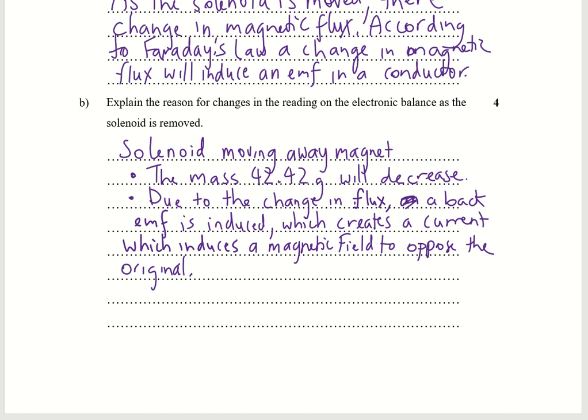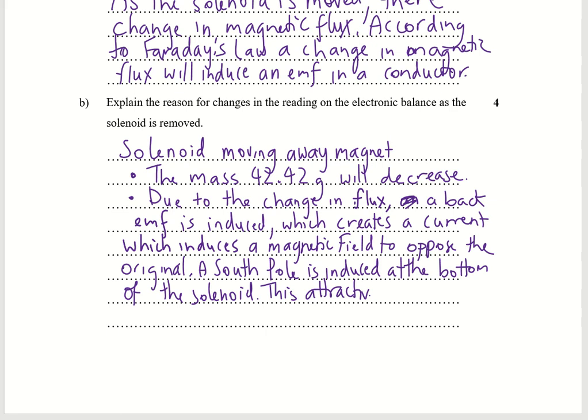In this case, a south pole is induced at the bottom of the solenoid. This creates an attractive force, pulling the north pole up, reducing the mass on the electronic balance.